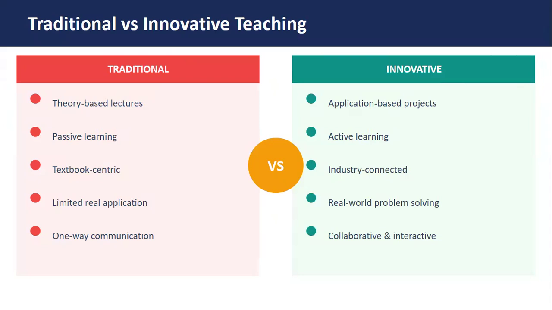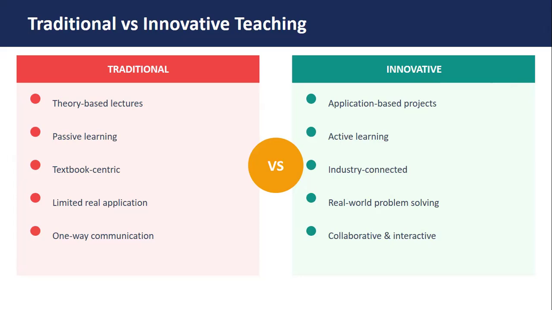Next, we shall see the comparison between traditional teaching and innovative teaching. Let us now compare the two. In traditional methods, teaching is mainly lecture based, with students playing a passive role. Learning is focused only on the textbook. There won't be any real world application, or the possibility of using real world application is often very limited.